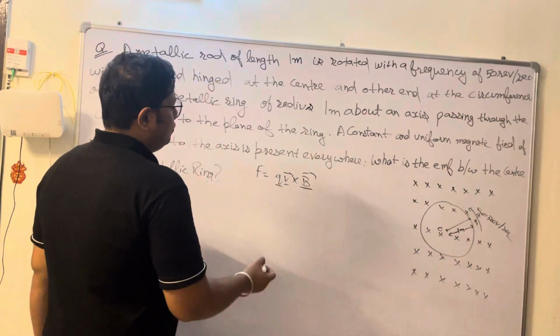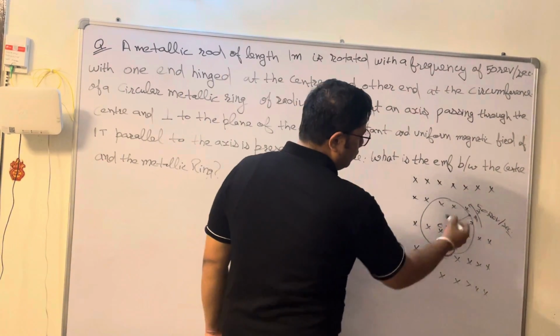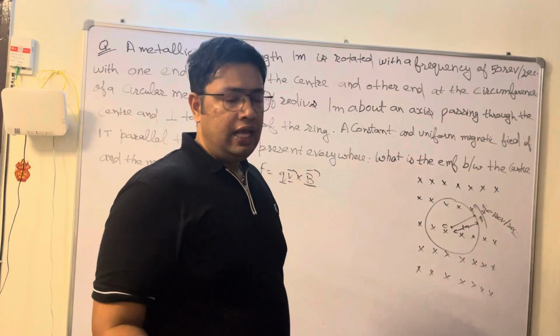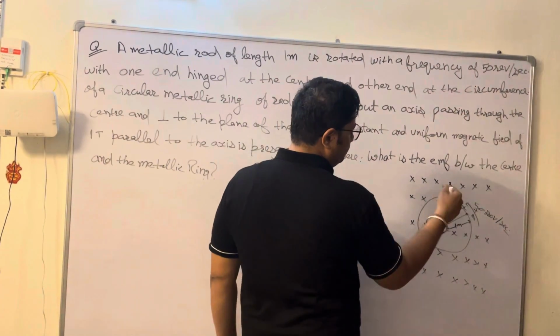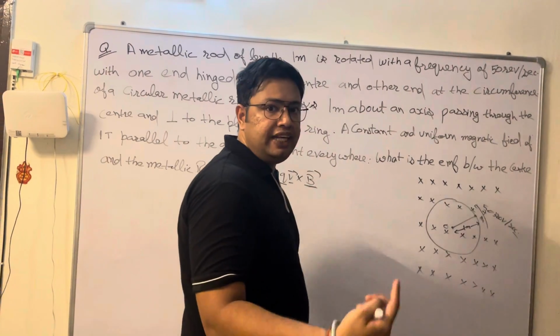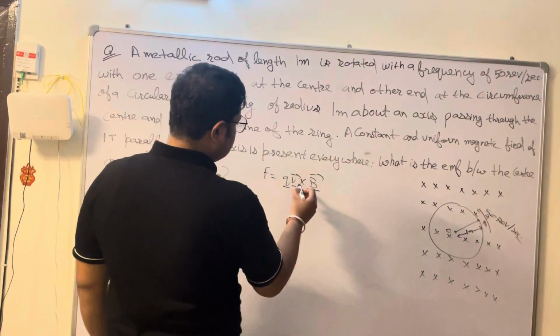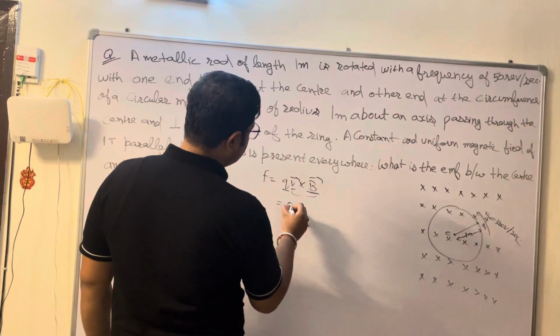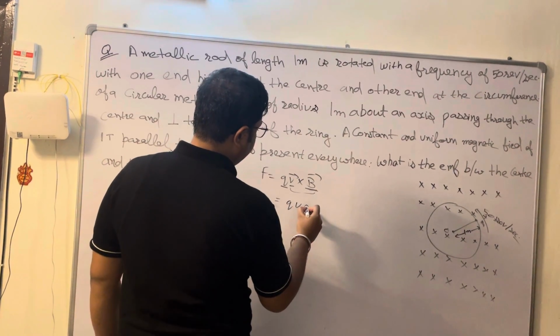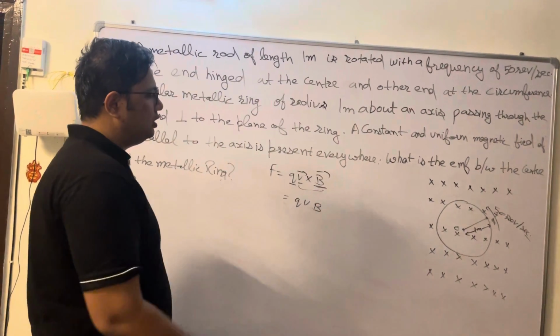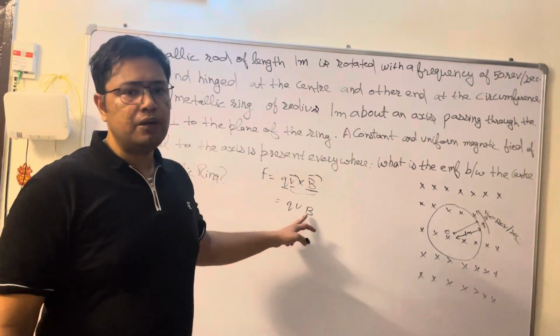As we know, this metallic rod carries free electrons, and those free electrons are moving perpendicular to the magnetic field. So they will experience this force, and because they are perpendicular, it reduces to QVB, since the vector product becomes a simple product.